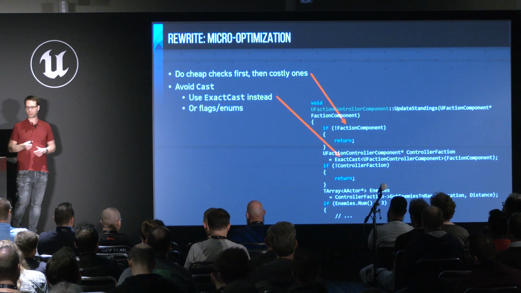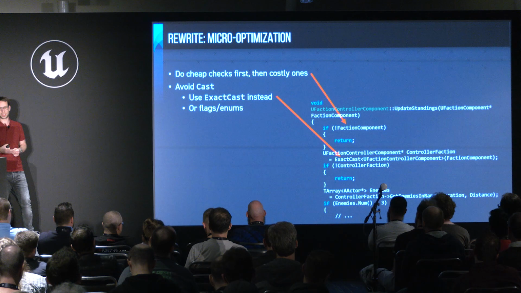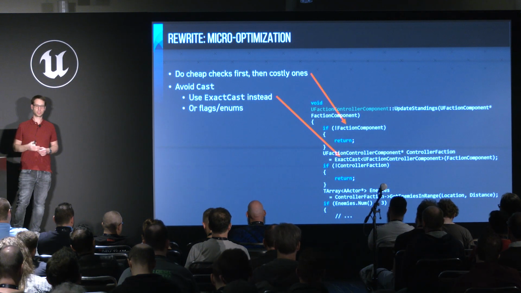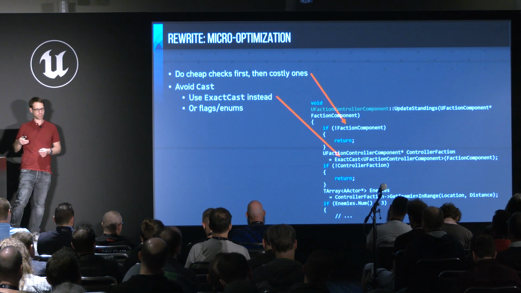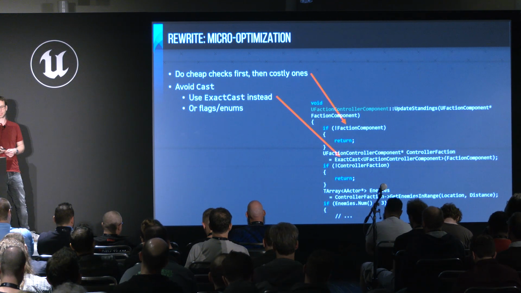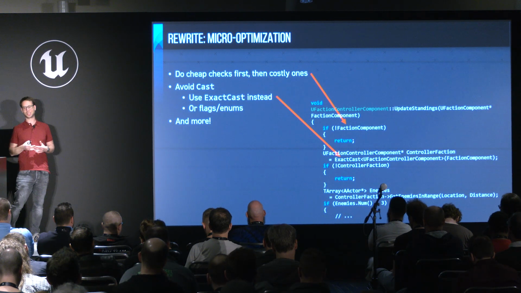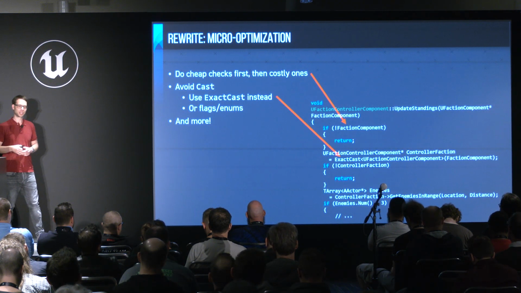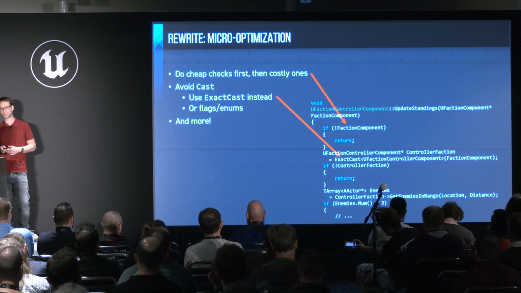Maybe I shouldn't use cast because it looks at the whole type hierarchy. Maybe I should just use exact cast, which just looks at one specific type. Or maybe even go further and just use flags or enums to identify types. And of course, there's a lot more of these things, but your profiler will tell you how you can improve the performance on an instruction level for the code that you wrote.